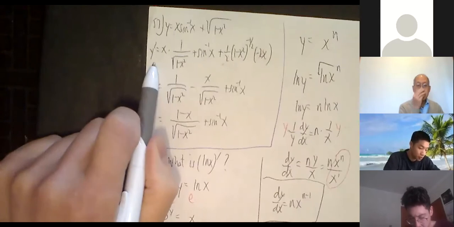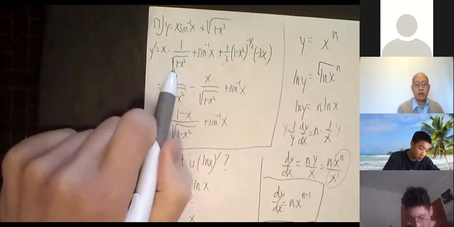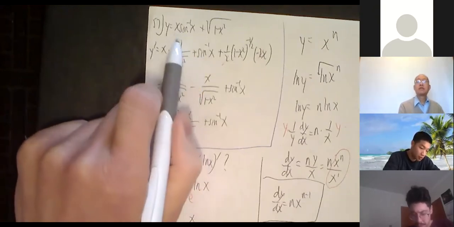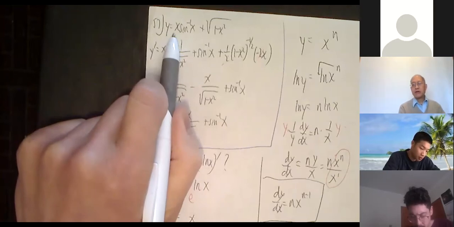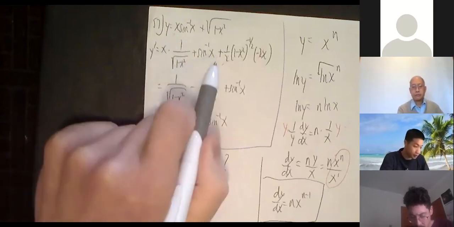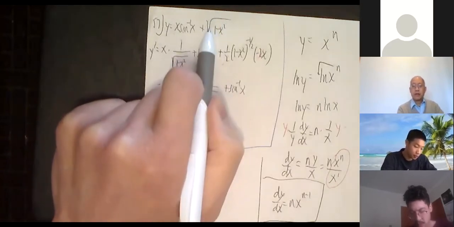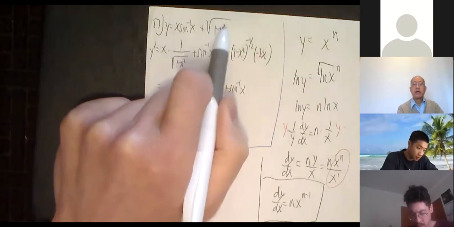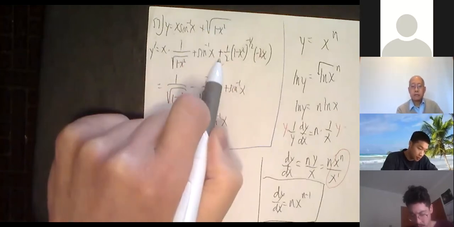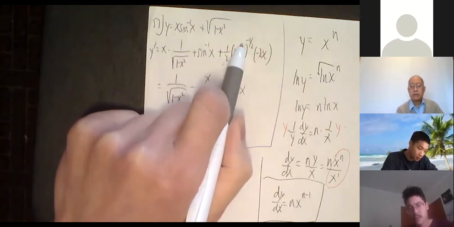Okay, so first times the derivative of the second, 1 over radical 1 minus x squared, plus the second, inverse sine of x, times the derivative of the first, but the derivative of x is just 1, so you don't even have to write it. All right, plus the derivative of this. Remember, that's like 1 minus x squared to the half. So half comes down, 1 minus x squared to the negative a half.